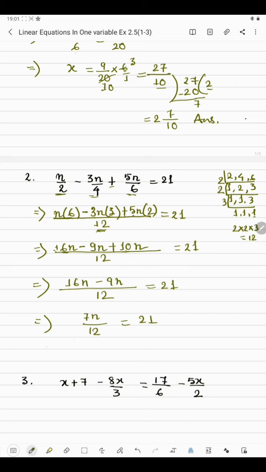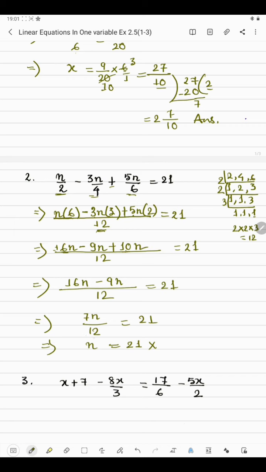Now we'll find the value of the variable n here. So n will be alone and 21 is on the right hand side, so we'll write 21 first. Then we will take this fraction to the right hand side. Whenever you change the side of the fraction, it will be the reciprocal.